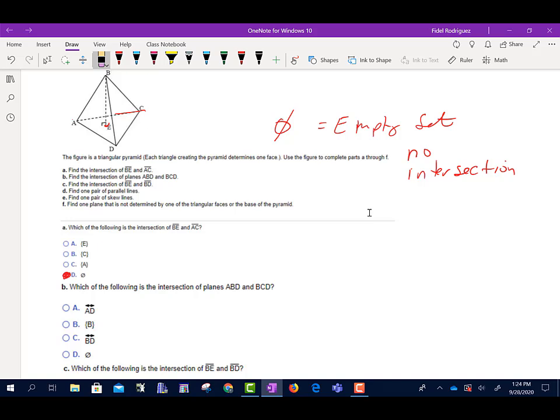Okay, so let's take a look at part B. What is the intersection of the planes ABD and BCD? ABD is going to be this face right here, and BCD would be this face here. So wouldn't you say that those 2 planes intersect at the line BD? And that would be my choice C, right?